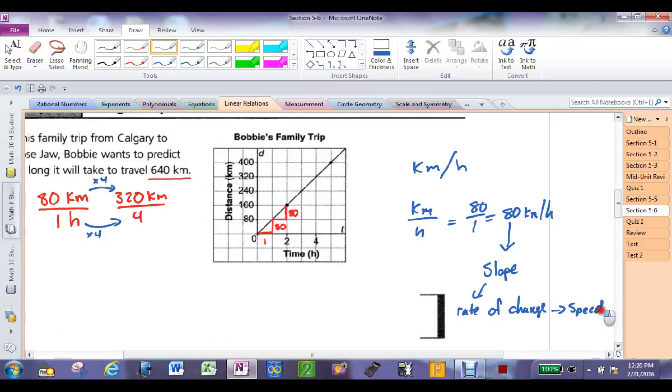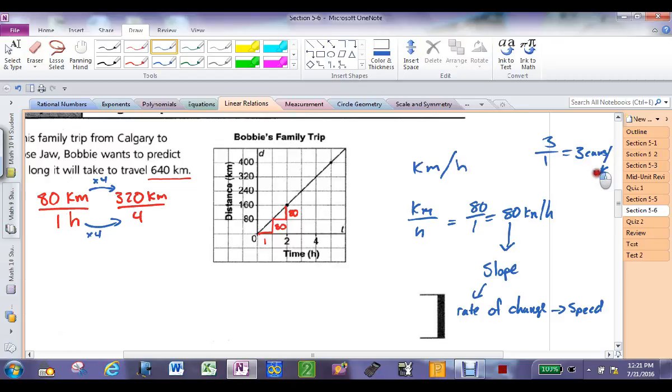For example, if I drink 3 cans of pop in a week, what's my rate of change? 3 over 1. 3 cans per week. Got it?